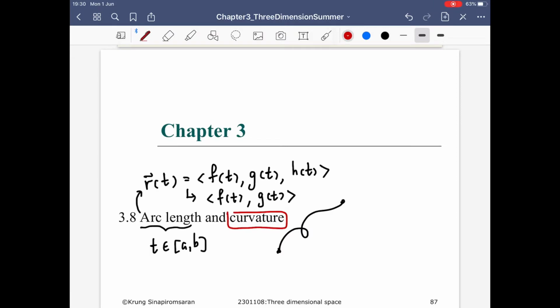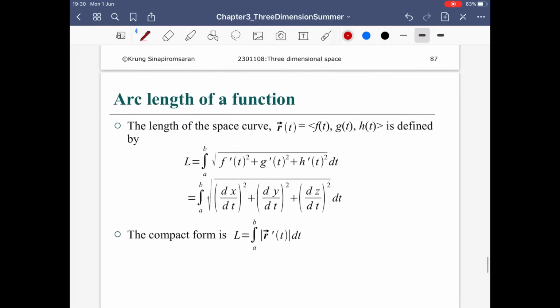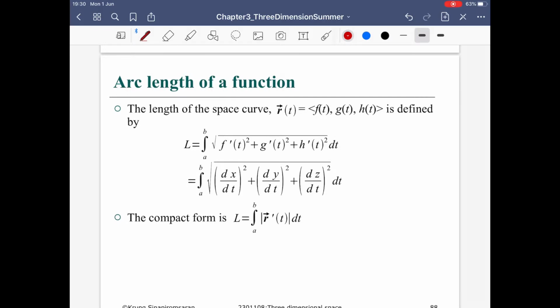All right, so let's look at the first one, the arc length of a function. The arc length of the vector function r(t) is defined by the integration from a to b. This is the arc length of this curve within the interval from a to b.